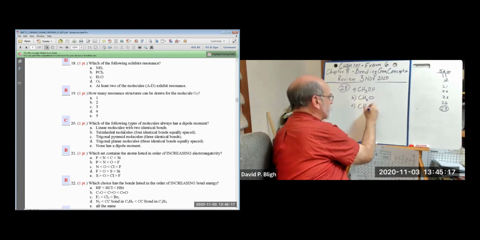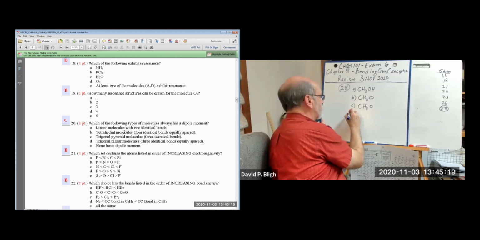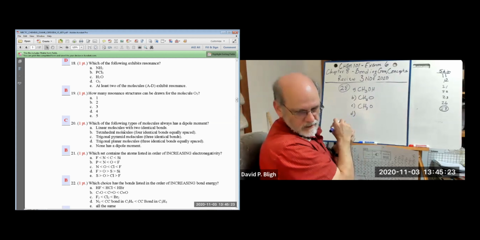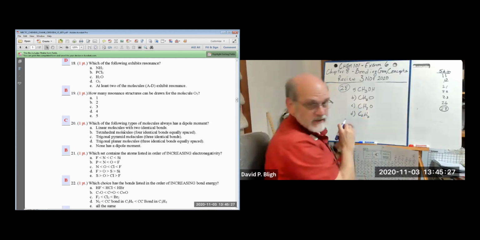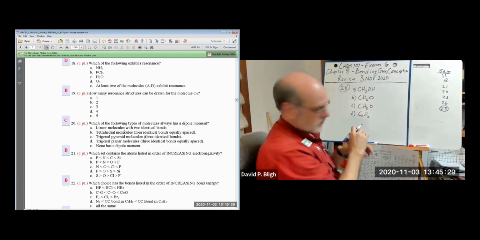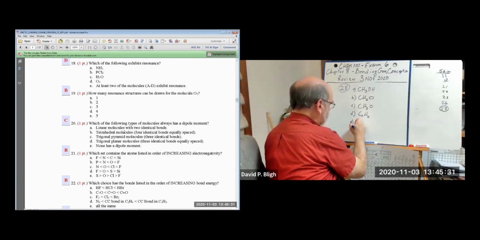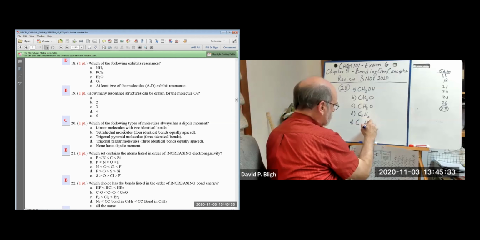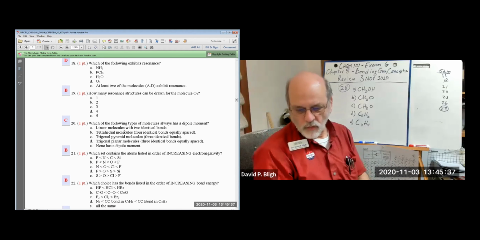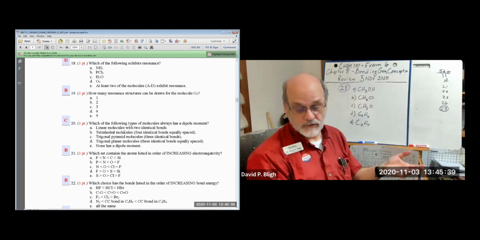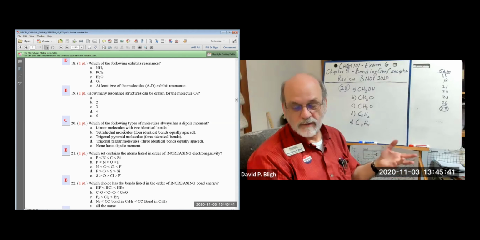Then we have CH3O, which I don't know what that is. And C2H2, which is probably acetylene. And then we have C3H4. Okay, so which one, based on its Lewis structure, would probably not exist?